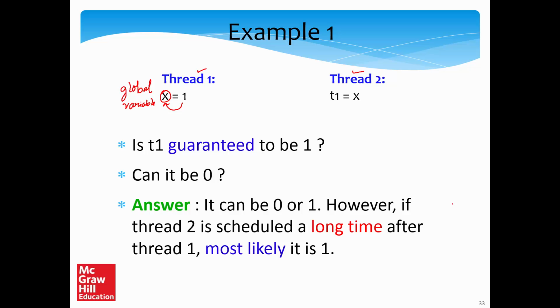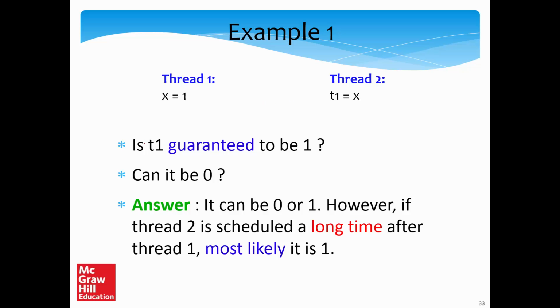So thread 1 is trying to set it to 1, and thread 2 is trying to read the value of the same variable x and put it in a local variable that's saved in a register, and let this be called t1. So recall our convention, all local variables that are stored in registers start with a t. The rest of the variables start with other letters.